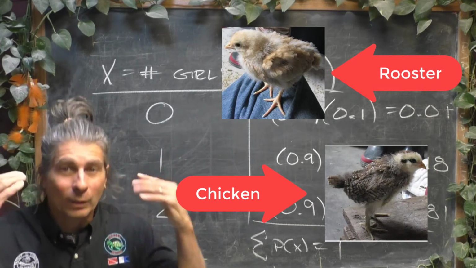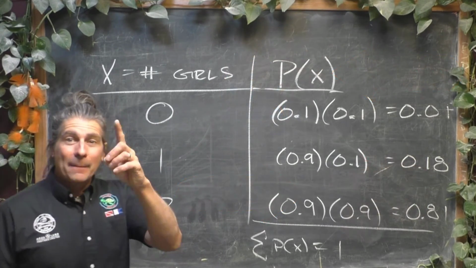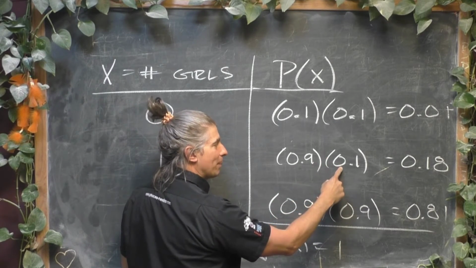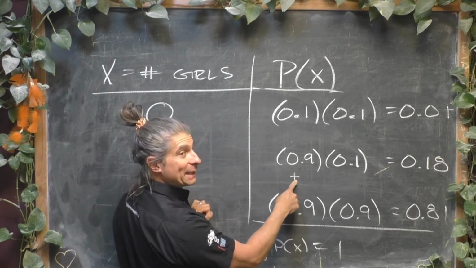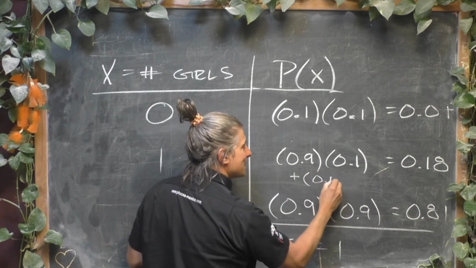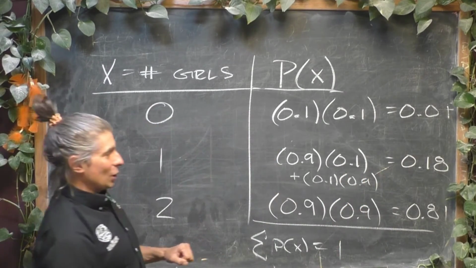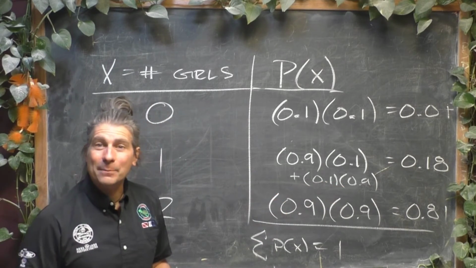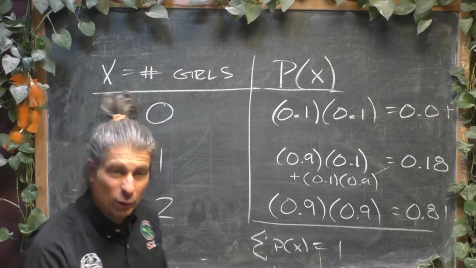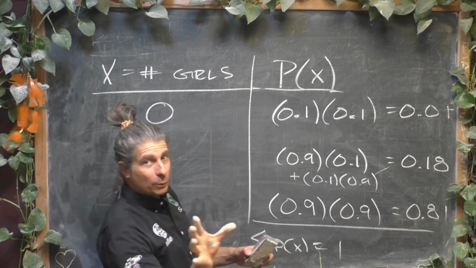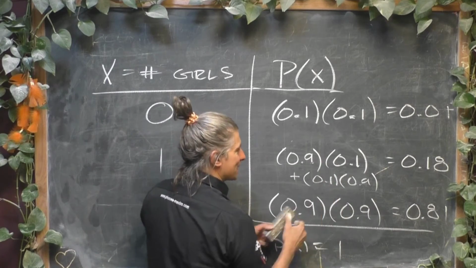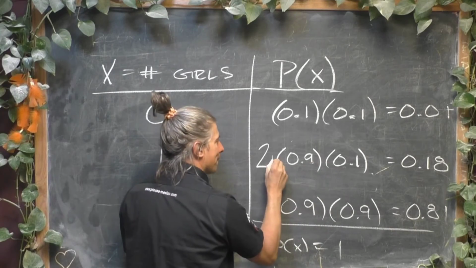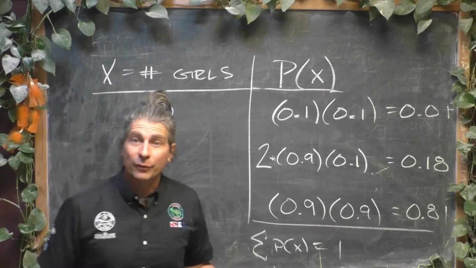So saying it out loud using the language of probability, it could be that Nancy is a girl and Marge is a boy, or, completely disjoint, Nancy's the boy and Marge is the girl. So it's 0.9 times 0.1 plus 0.1 times 0.9. And that's extraordinarily cumbersome to write that way. Hopefully you realize that mathematically this and this are the same thing. So what we end up just doing is putting a 2 in front of that, because that's the same as adding this to itself 2 times.